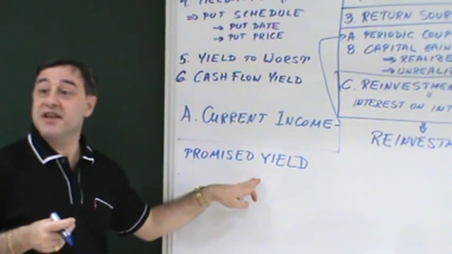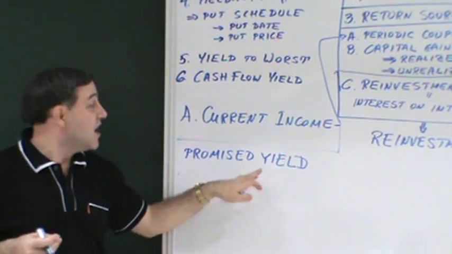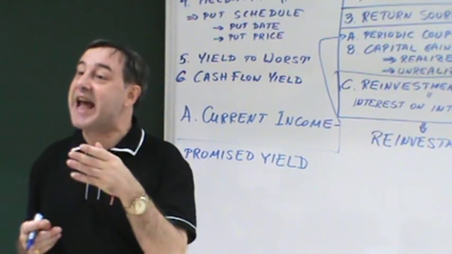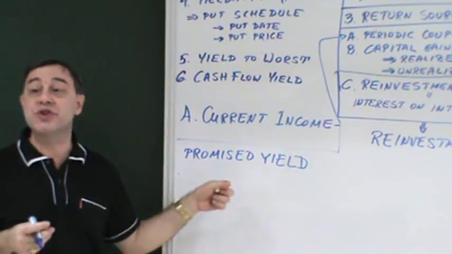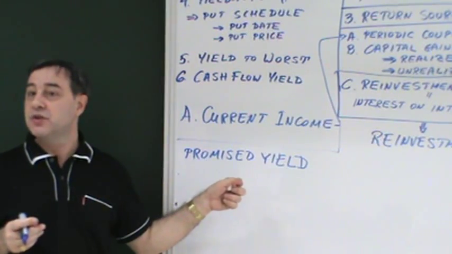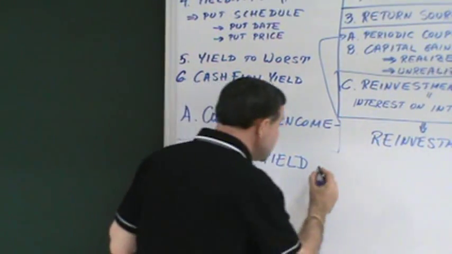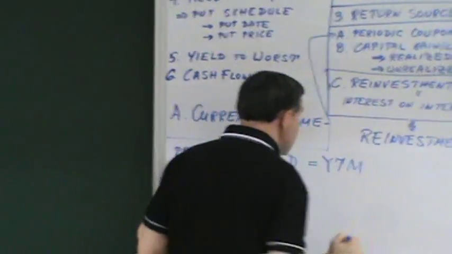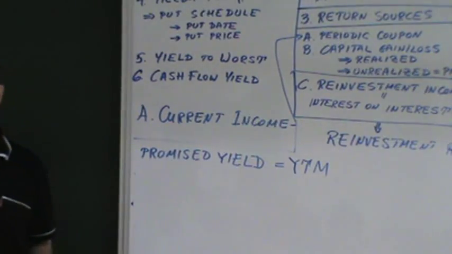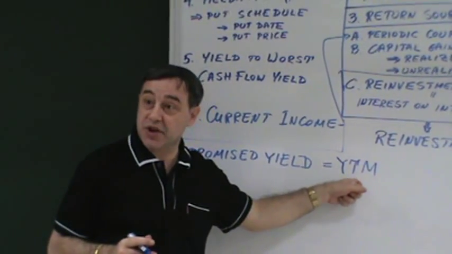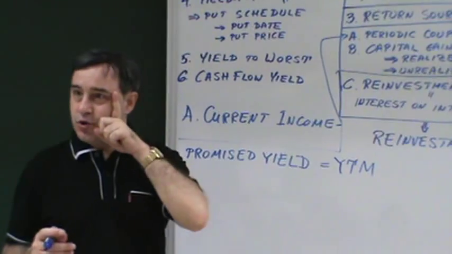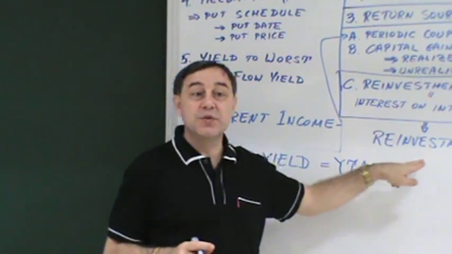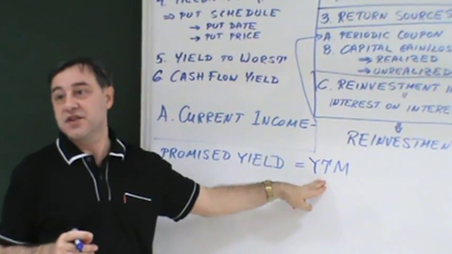So the promised yield assumes that the reinvestment rate will be exactly the same as the original yield to maturity. So promised yield is the same as yield to maturity. So yield to maturity assumes that the reinvestment rate will be exactly the same as the yield to maturity.